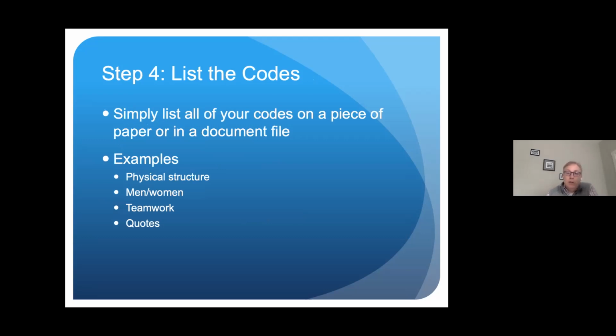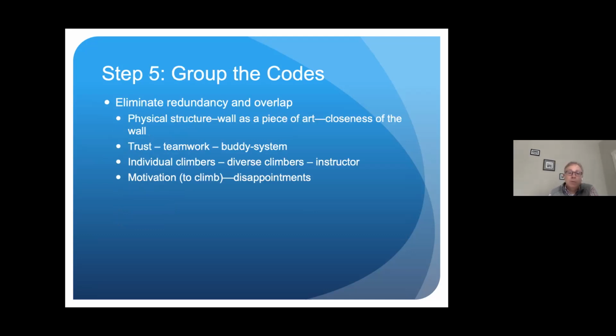As we're coding, we develop what's called a code book. This is really just a list of codes. It can be done on a separate document, something like an Excel spreadsheet. And of course, if you're using software, the software keeps track of codes for you.